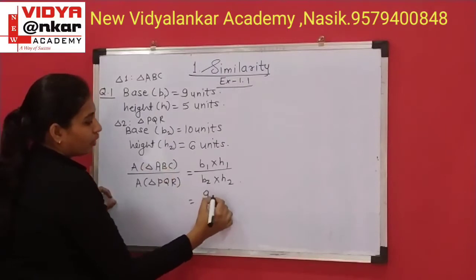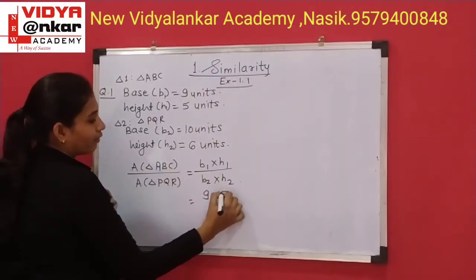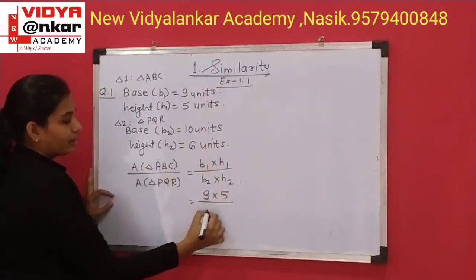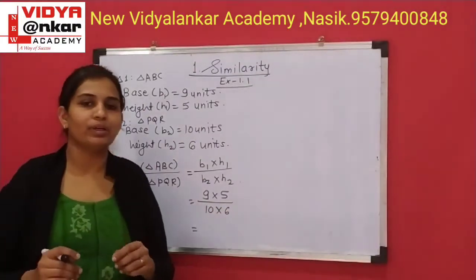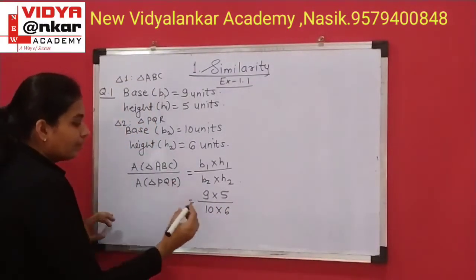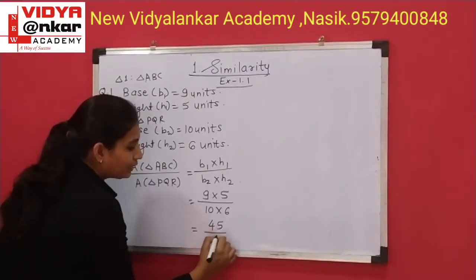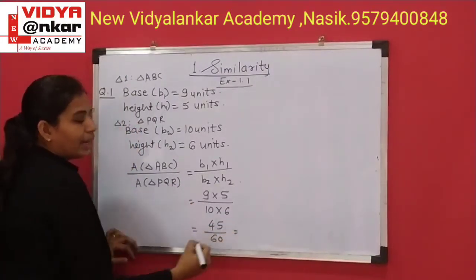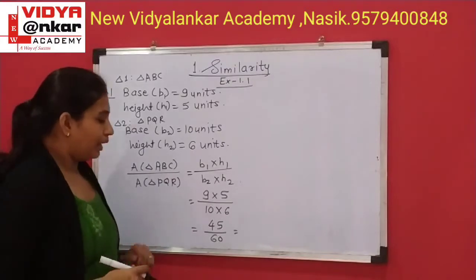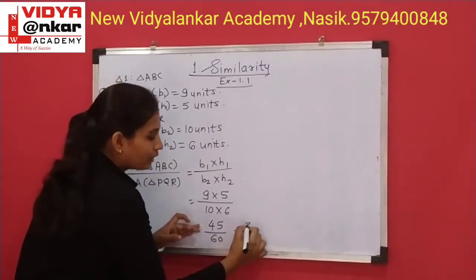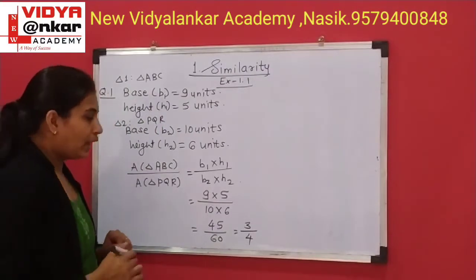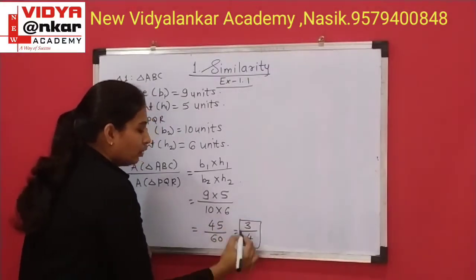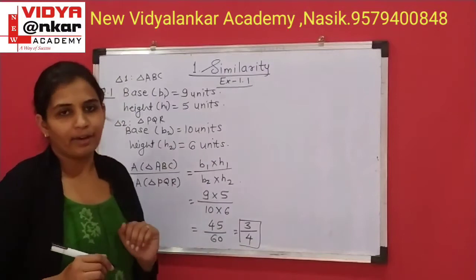Base of first triangle is 9. Height of first triangle is 5. Base of second triangle is 10 into 6. We have only substituted the values. 9 5s are 45, 10 6s are 60, and we can do simplest form. 15 3s are 45, 15 4s are 60. Now we cannot further divide it, so this will be our final answer.